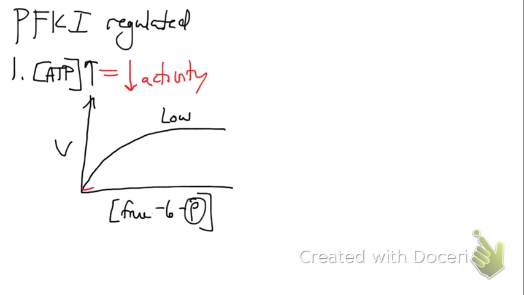However, under high ATP conditions, you see this. So this is high. You see an allosteric effect. So high ATP leads to a decrease in affinity of PFK1 for its substrate. We honestly don't know why, and it's still being researched, but just know that an increase in ATP, high ATP, leads to a decrease in activity of PFK1.